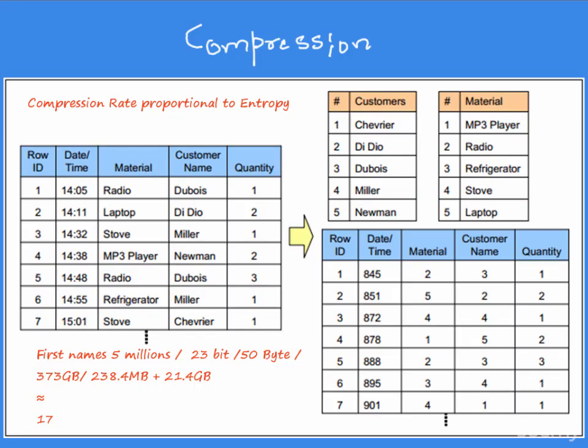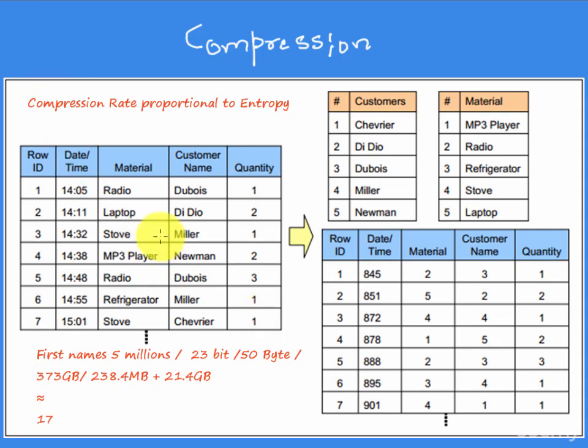Let's talk about compression. Compression is an important factor in HANA, and it's also used internally in the column store. Compression is where we use certain algorithms to reduce the data footprint. In this example, we have a table of materials, names and quantities. This is a subset of a transaction table you can find in any store, like for example Fry's or Walmart.